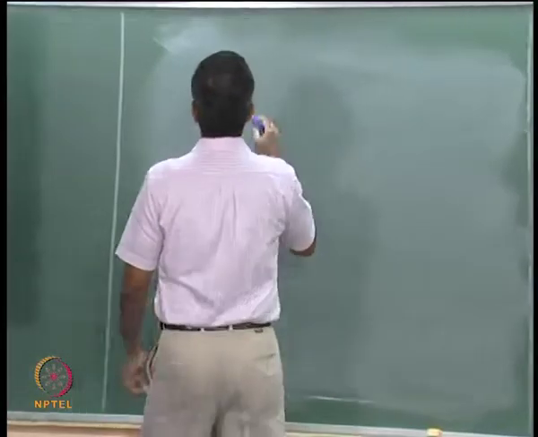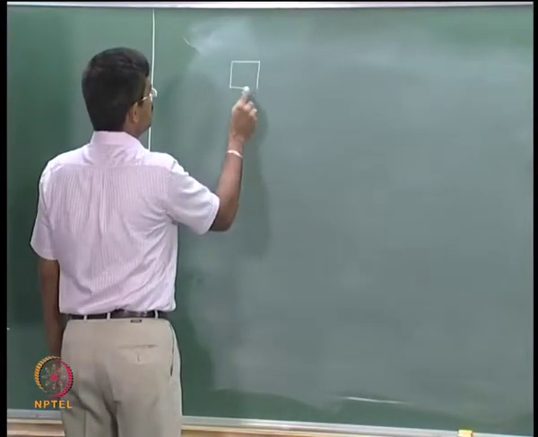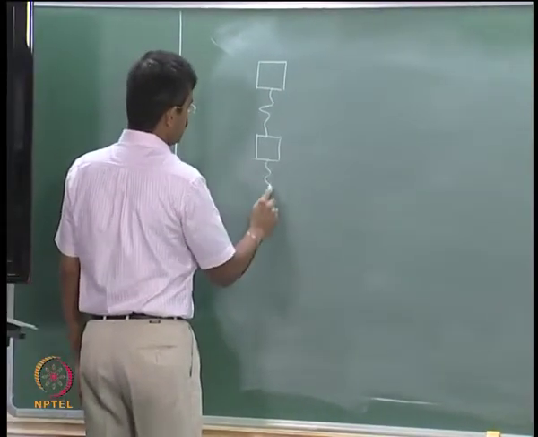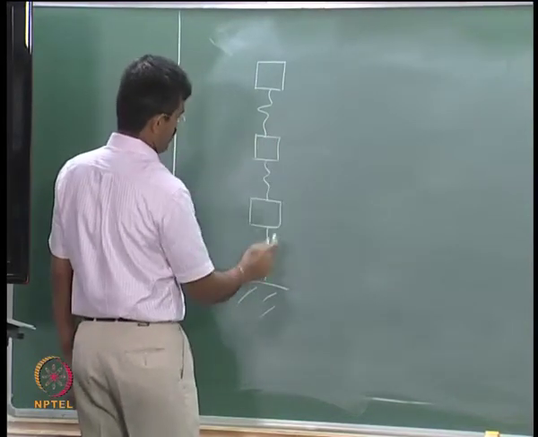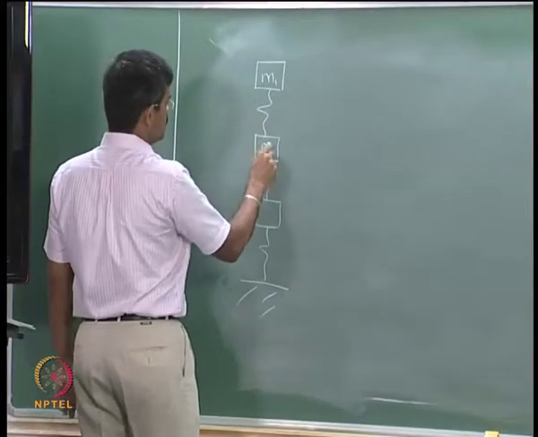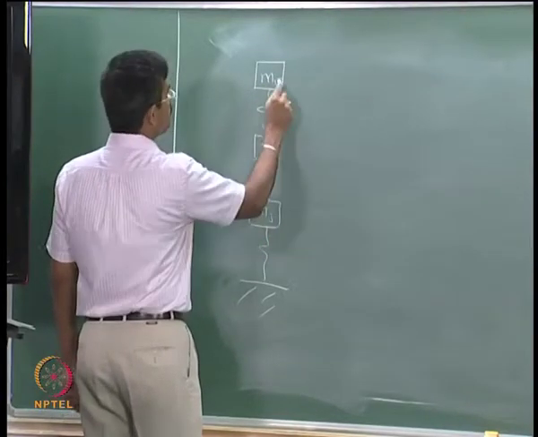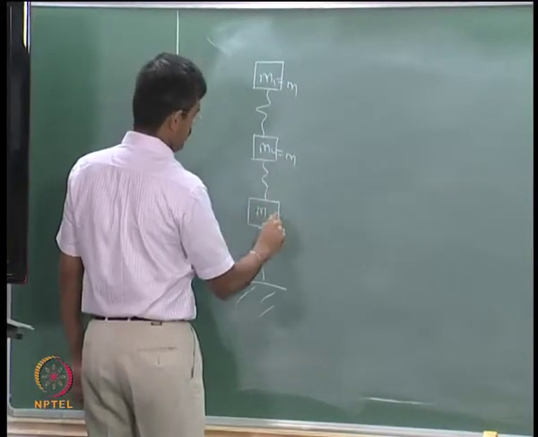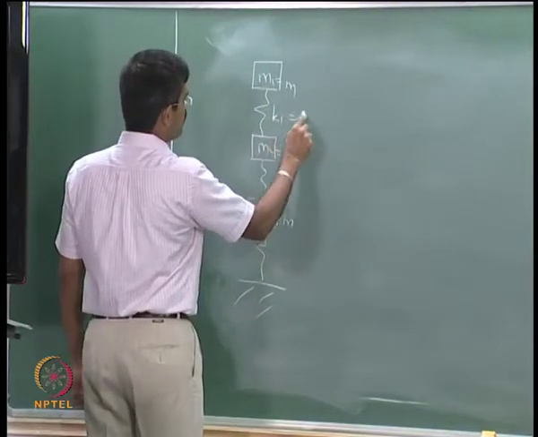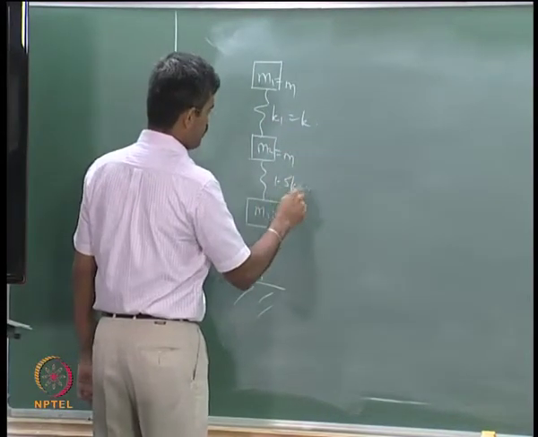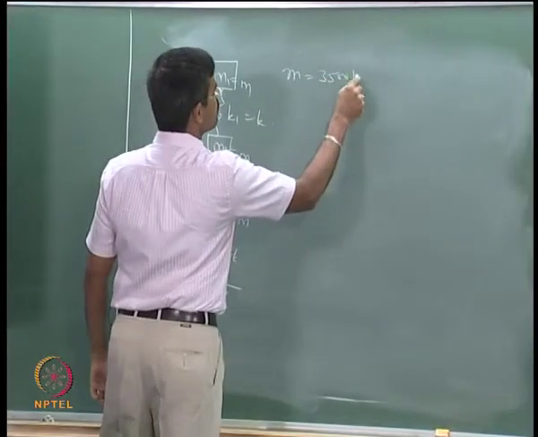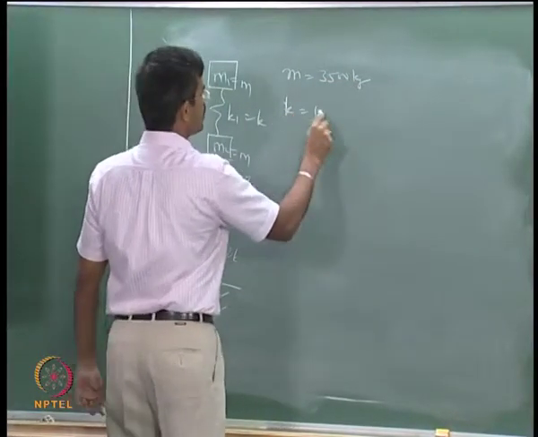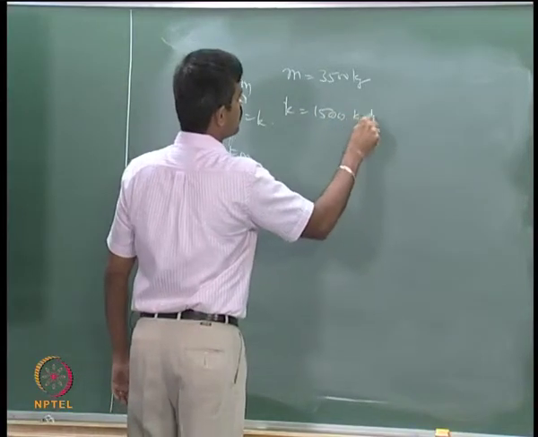So, let us have the same example as we saw in the last lecture, just for comparison, I am picking up the same problem. This was M1, M2 and M3, which were all equal to M. This was K1 equal to K, this was 1.5 K, this was 2 K, where M was 3500 kg and K was 1500 kilonewton per meter.